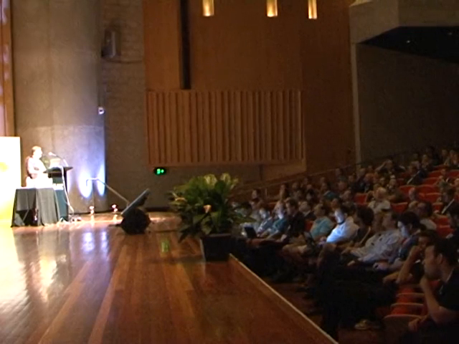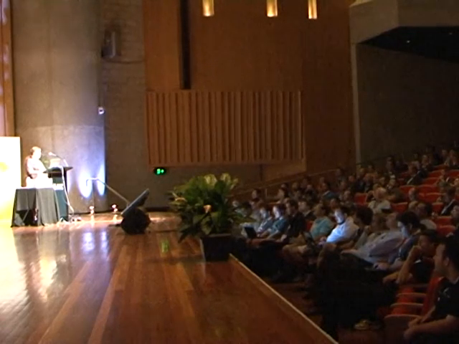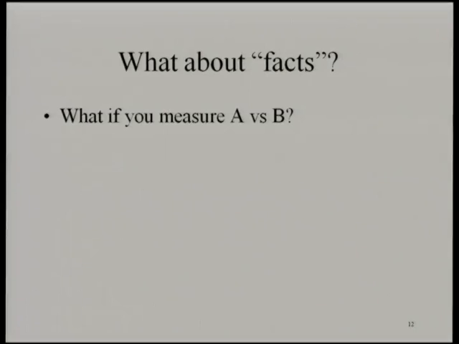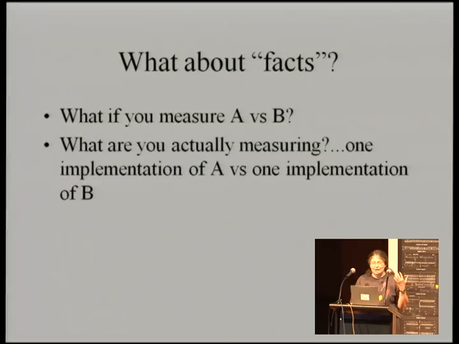So what about facts? What if you actually measure A versus B? That sounds really scientific. But the problem is, what are you actually measuring? You're measuring one implementation of A versus one implementation of B. One example, someone was trying to show how technology A was so wonderful compared to B, and they said A has 4 gig of throughput, B has 1 gig, and throughput's an important thing.